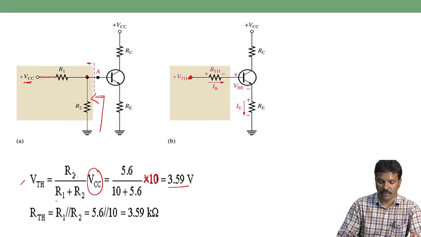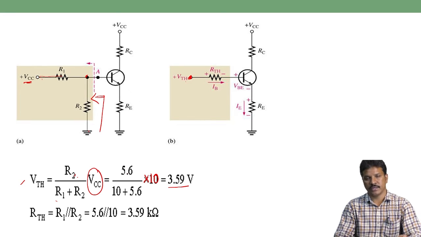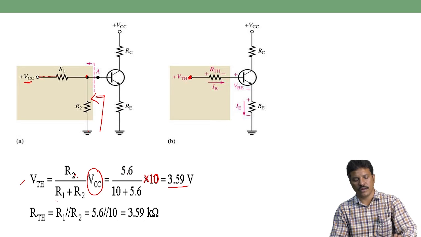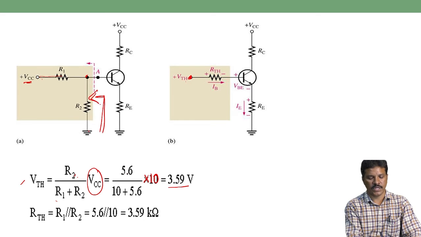Then we have to find RTH. Simply remember that R1 and R2 are in parallel when looking through R2 into this network.